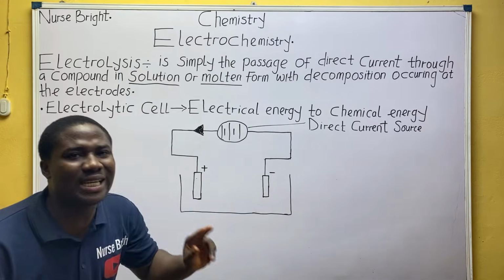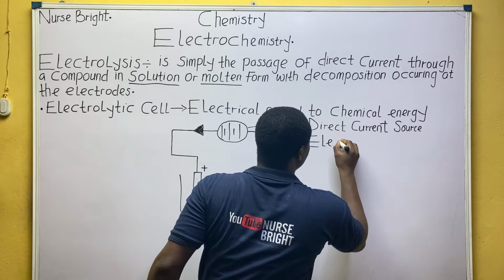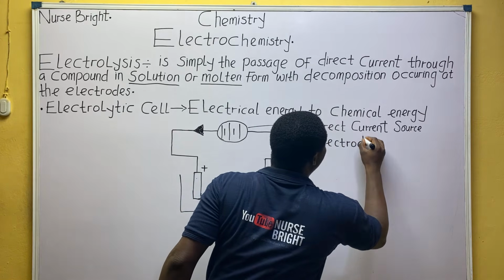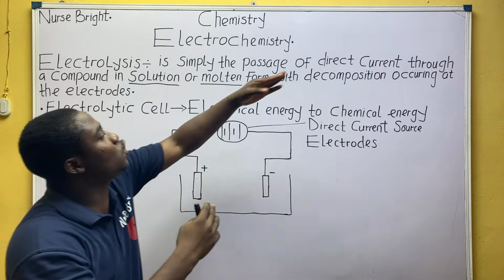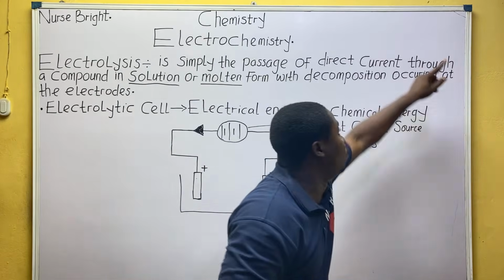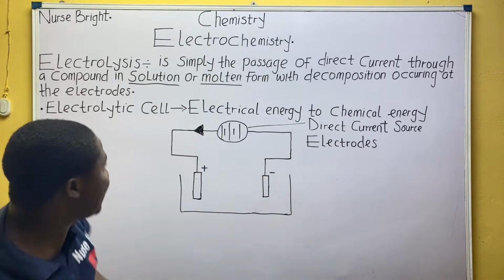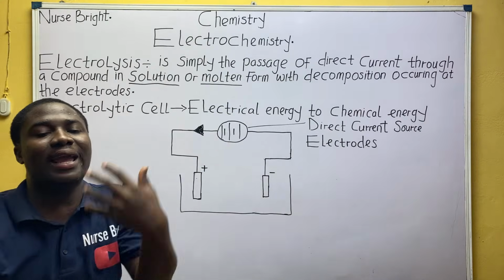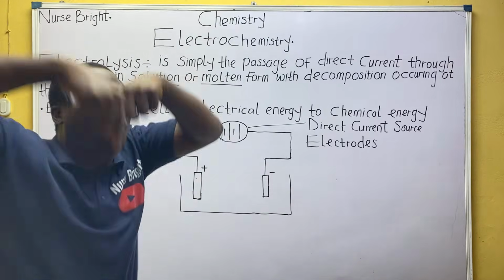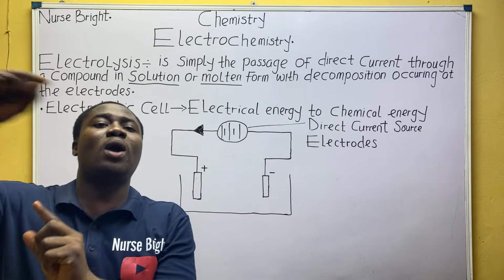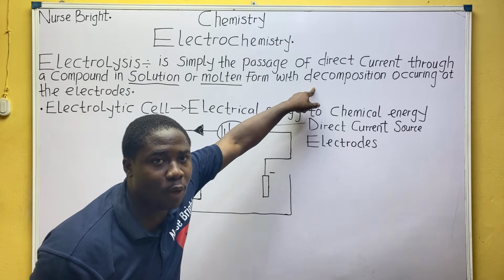These terminals in this cell, we simply call them electrodes. I repeat, what are they called? Electrodes. As soon as this current is passing through any compound that can undergo electrolysis, which could be in a solution or molten form, there is a process occurring at these terminals, which I'm going to stress when we move further, and it is called decomposition.